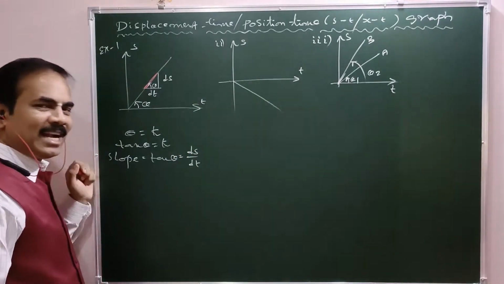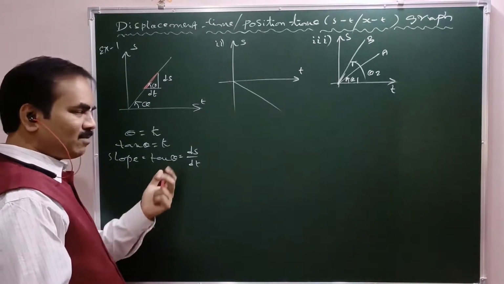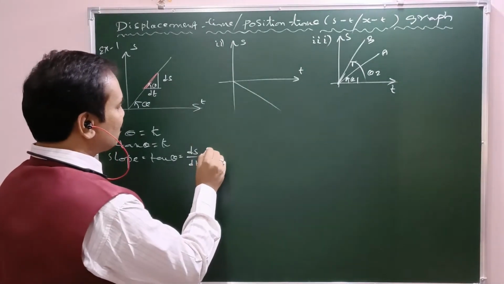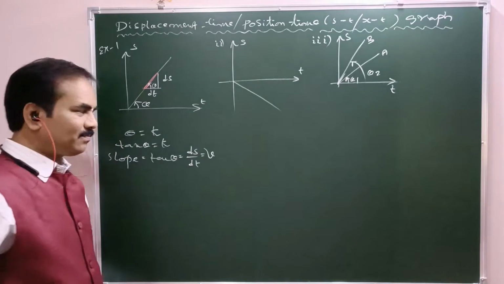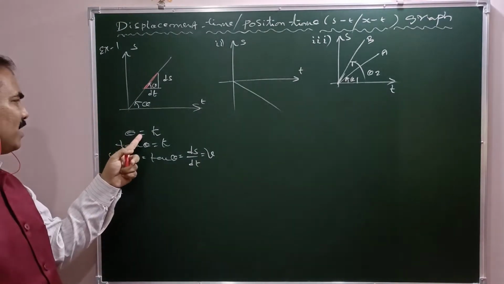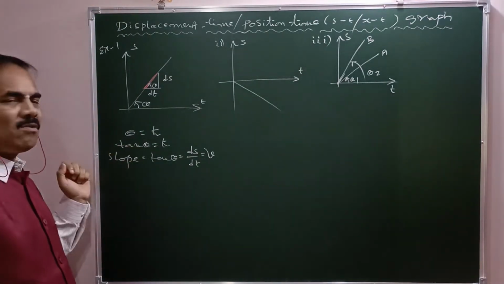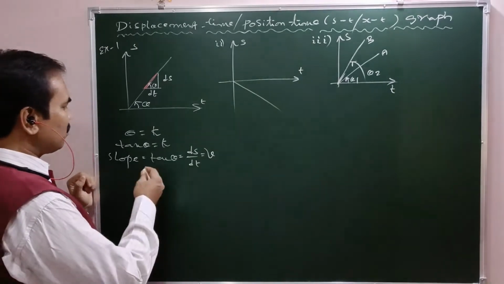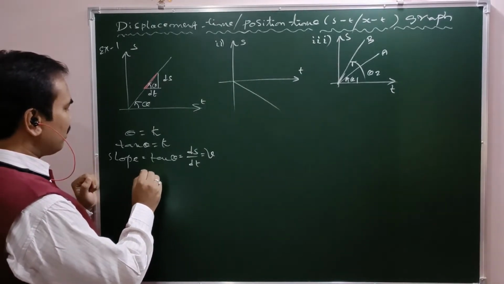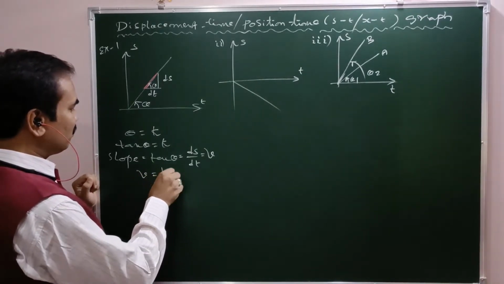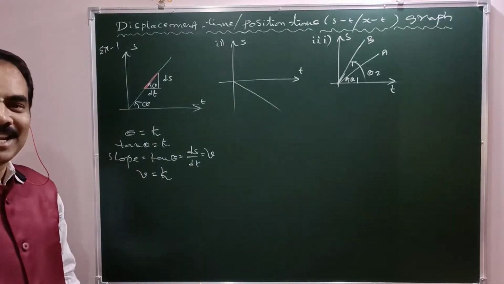What is ds by dt? The rate of change of displacement or rate of change of position. That is velocity. As theta is constant, here velocity is also constant. So v is constant. What about acceleration here?